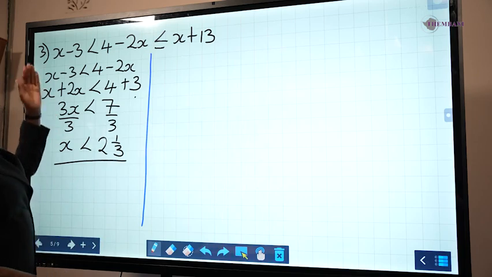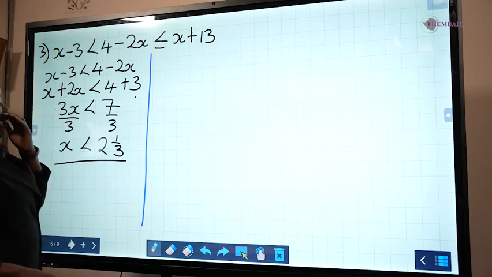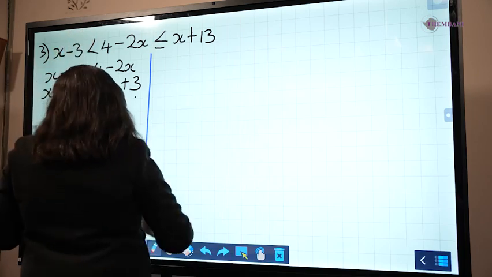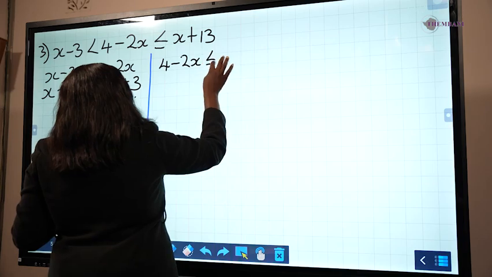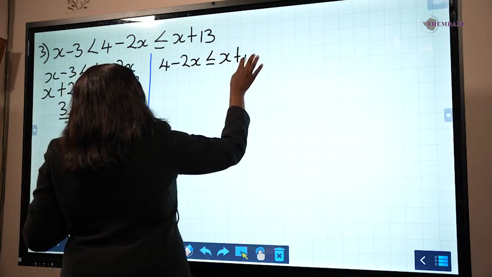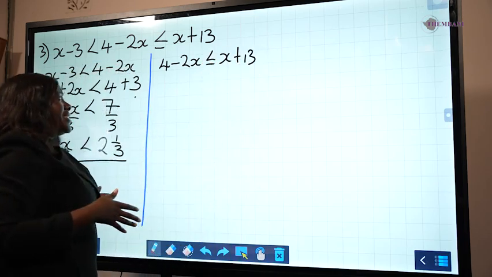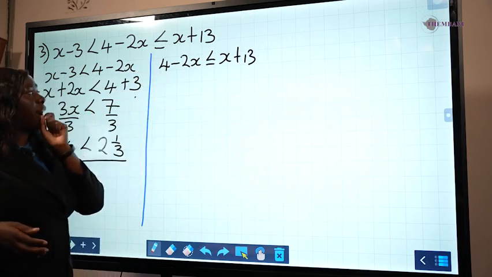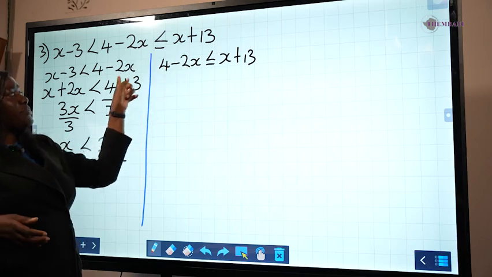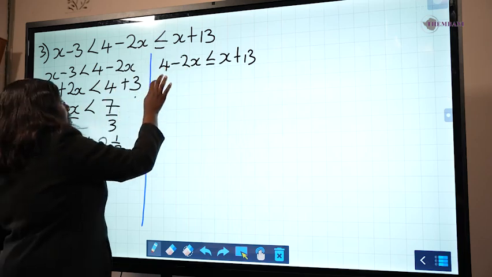I'm starting from where the inequality is going in that direction. So I'm going to solve 4 minus 2x less than or equal to x plus 13. For me to avoid the negative, I'm going to move the negative 2 to that side for it to become positive. It means the 13 has to come this side. So I'll have 4.